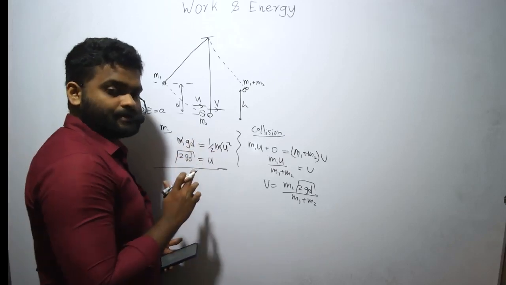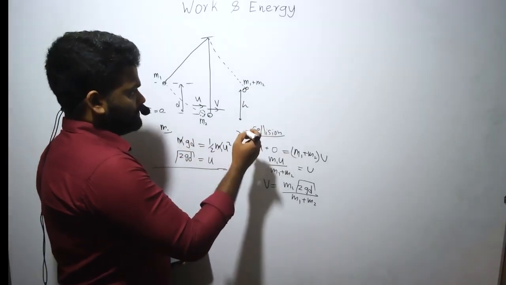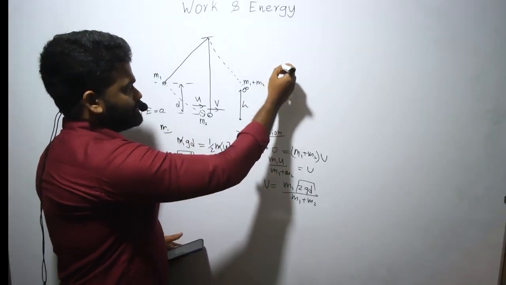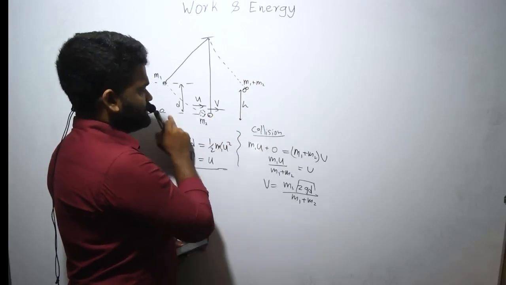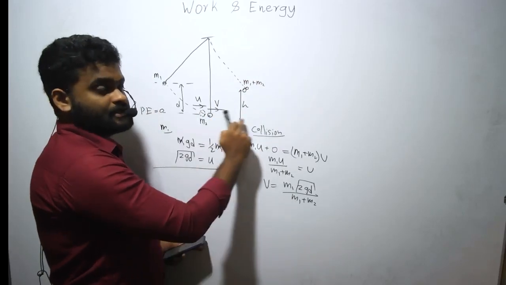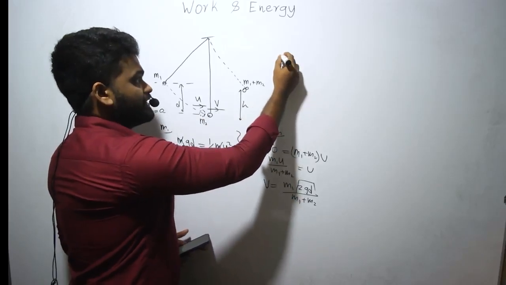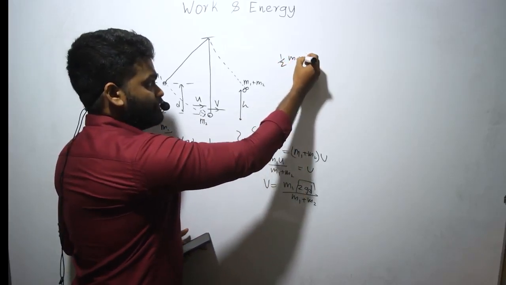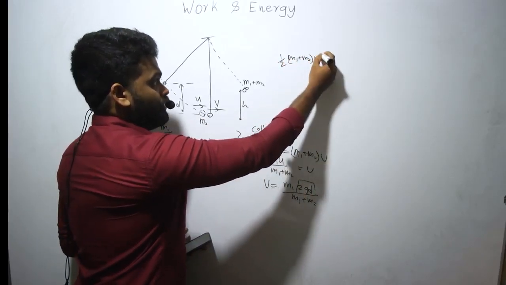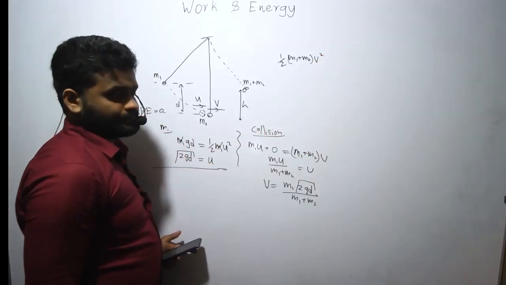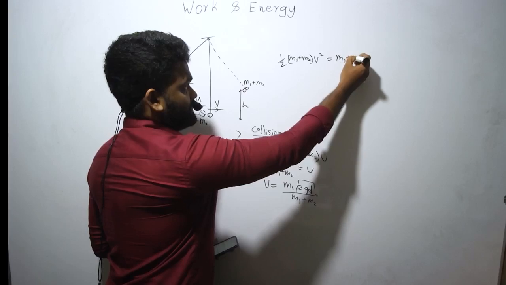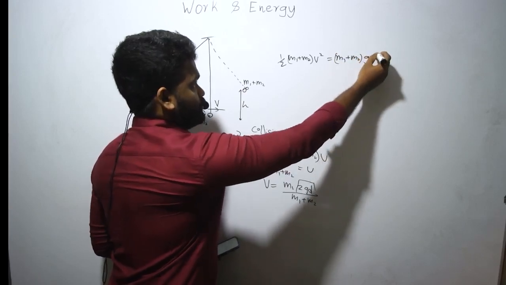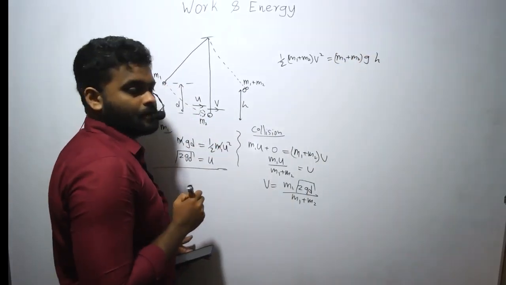At the bottom, potential energy is zero and kinetic energy is half m1 plus m2 v squared, which equals m1 plus m2 times g times h.